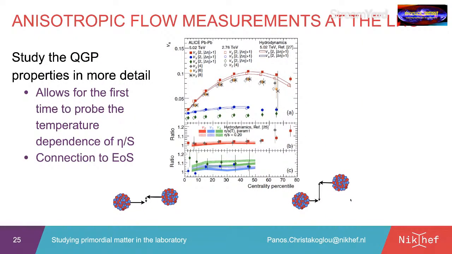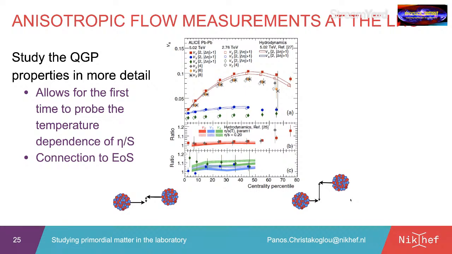Now, with the minute the LHC was switched on, we were also able to confirm that the quark-gluon plasma at the LHC also behaves as a liquid, or also as a perfect liquid. What we are moving forward with is to characterize the quark-gluon plasma in a bit more detail, and by performing different studies, one is able to probe for the first time the temperature dependence of the specific shear viscosity and the connection with the equation of state.